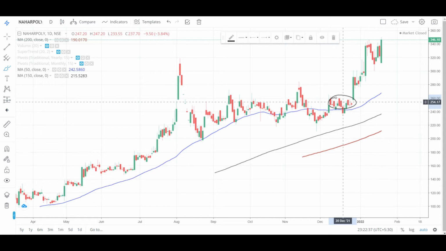And the 50-day moving average was above the 150 and 200-day moving averages, and the 150-day moving average was above the 200-day moving average. So clearly the price was satisfying some criteria of the trend template.